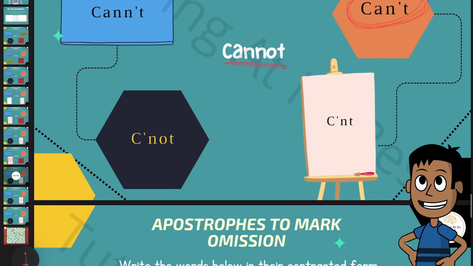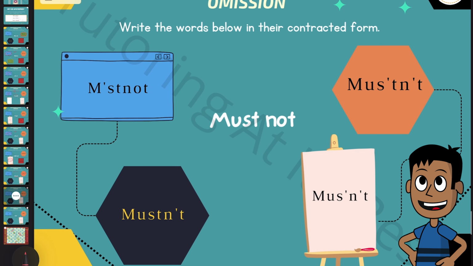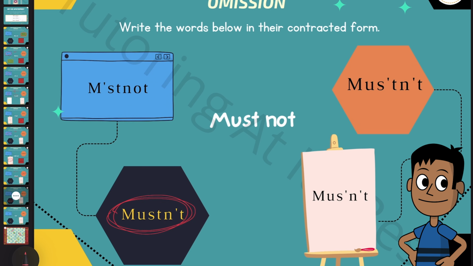Okay, over to the next question. Must not. Any ideas? Well, if you chose mustn't, then you're absolutely correct. The apostrophe replaces the O in not. So in such cases, we could also have is not, which would be isn't, or had not, which would be hadn't.